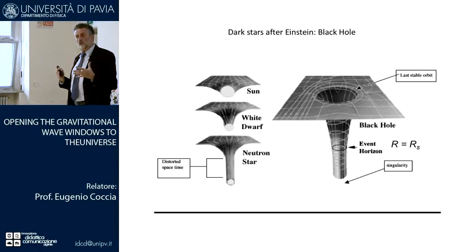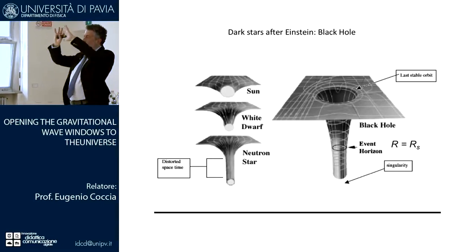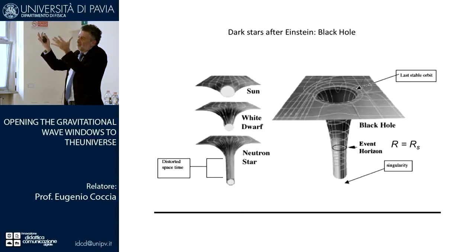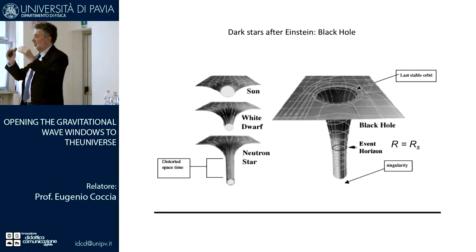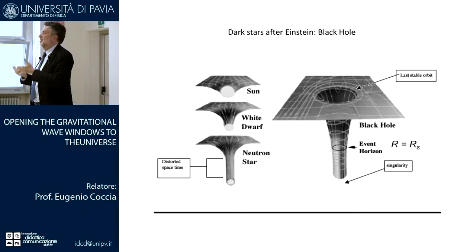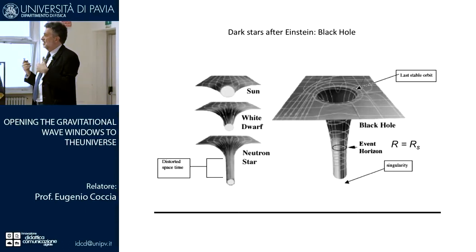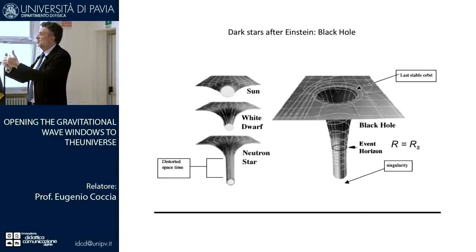A black hole following general relativity is a relatively big black bubble, empty inside. All the mass is concentrated at the origin. If you pass the limit of this radius, the event horizon, then space and time reverse each other and you cannot stop. You go directly to the center.